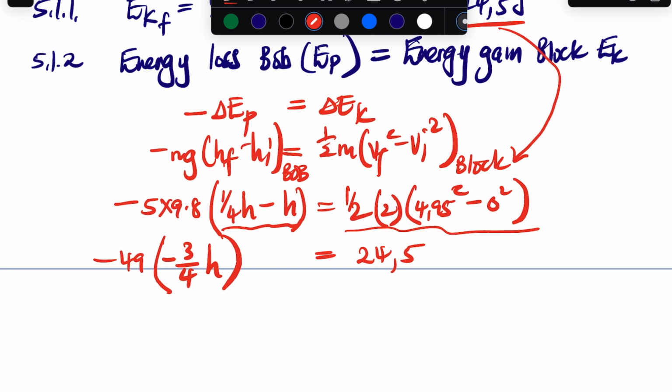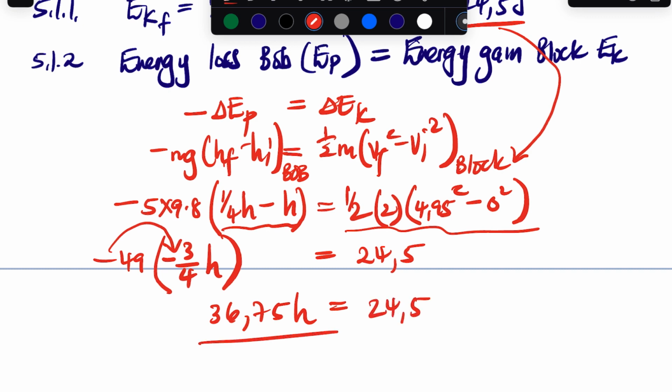And then you say 49 times by quarter. So it's going to be 36, because it's a negative times negative. It's going to be 36.75 h equal to 24.5, and then we divide by 36.75.